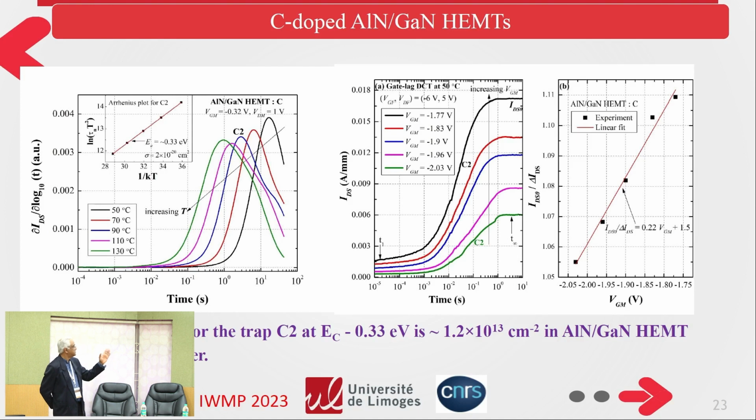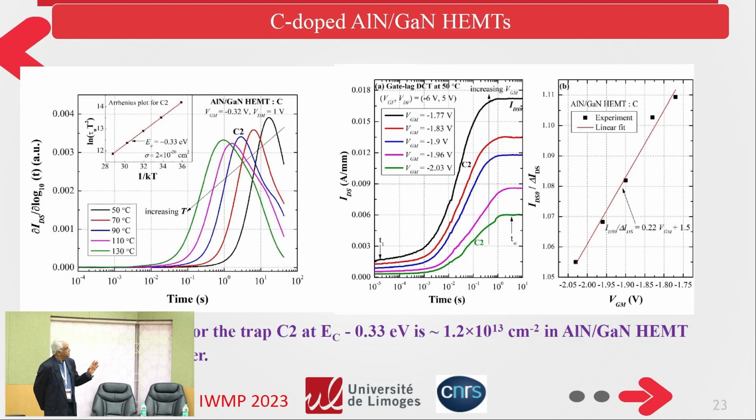As you can see, even 1 second or 10 seconds is very short for this kind of device structure. Because for F-doped it is about 1 millisecond or 10 millisecond, but here you can reach more than 10 seconds. Then we make the same thing, filling pulse of 1 second and -5 volt and VDS 5 volt, so that in this manner we can compare all the structures.